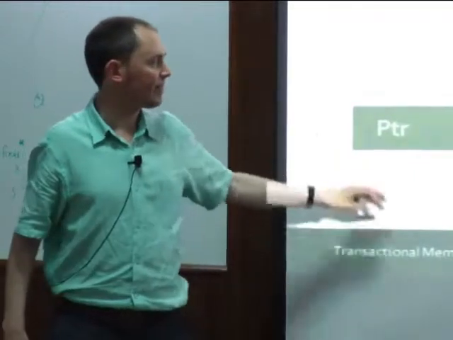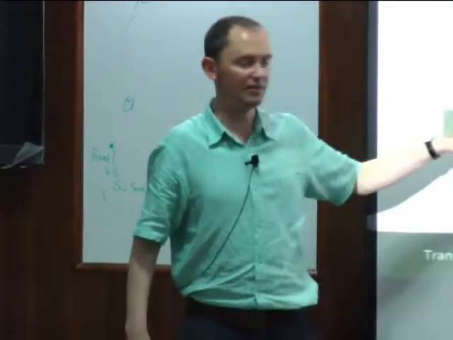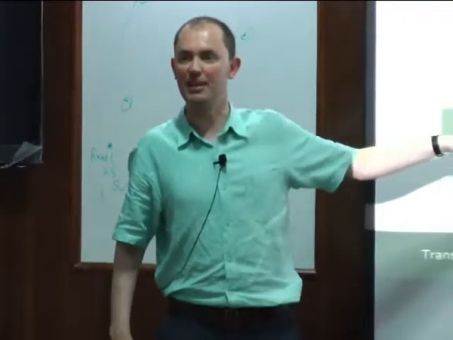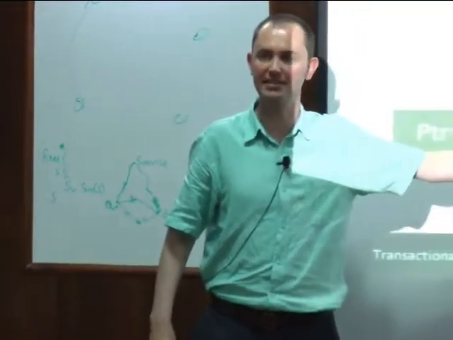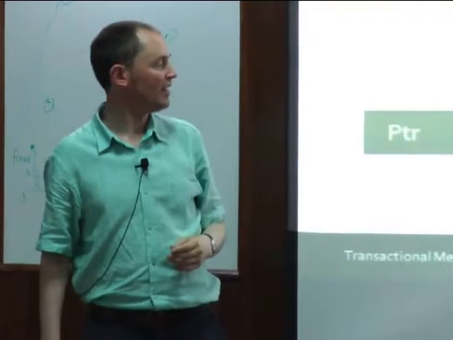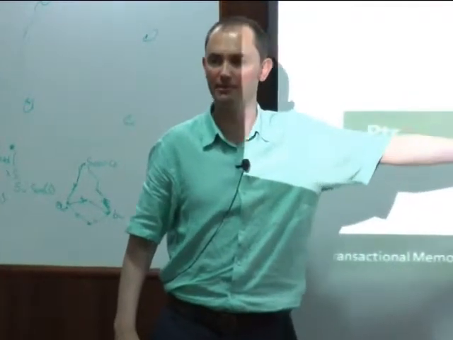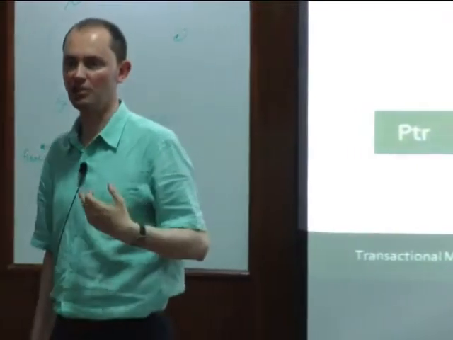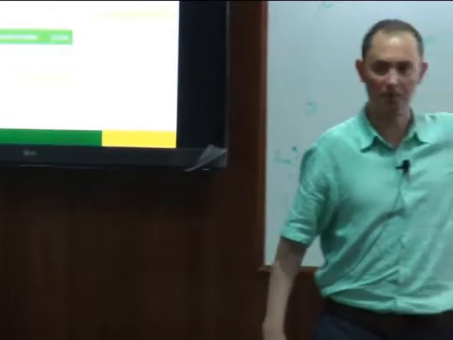Now, the idea here is that we have to be quite careful. We have a single machine word here, and obviously part of this needs to be used by the application for its data, and part of it reserved by the STM system for metadata. In practice, that means we're reserving one bit at the bottom end of this word as a lock bit for use by the STM. And we're leaving the top part of the word completely free for the application programmer to use.